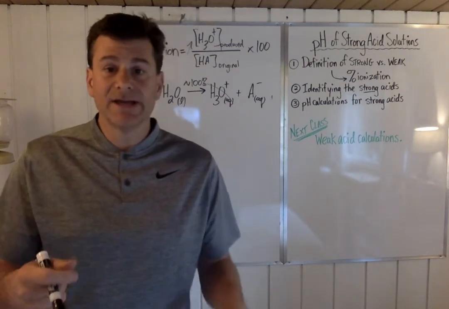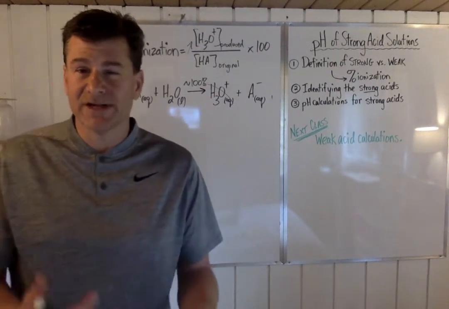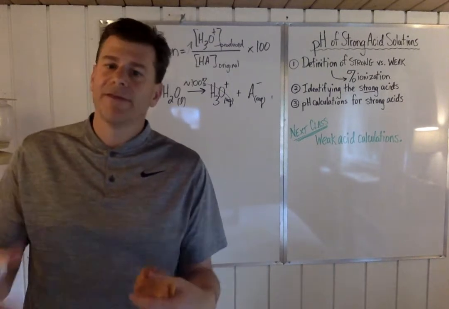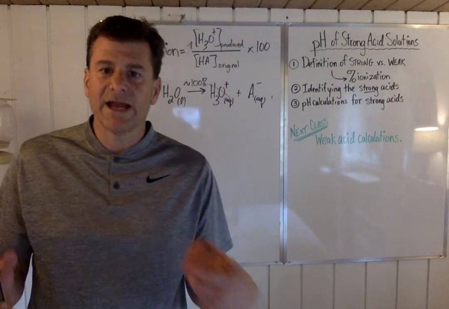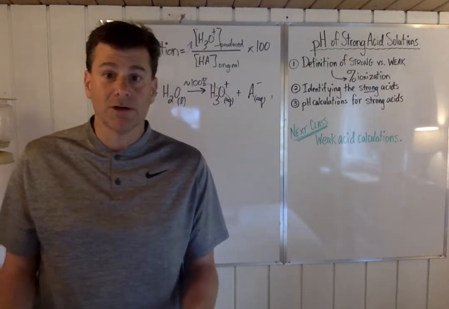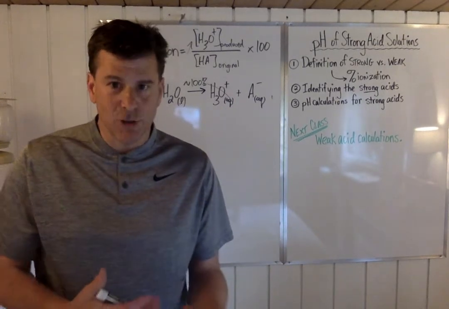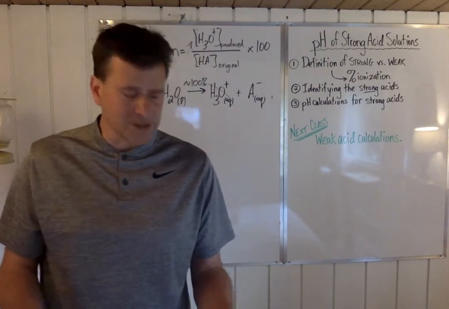Well, even if there is the odd molecule of a strong acid that doesn't turn into the hydronium, it is so insignificant relative to the number that do, that mathematically we can just ignore it, okay? Because we can't even measure it. We're just not precise enough to be able to measure that molecule. So we might as well just pretend that it did go 100% from a mathematical perspective, and you'll see it makes the math way easier.